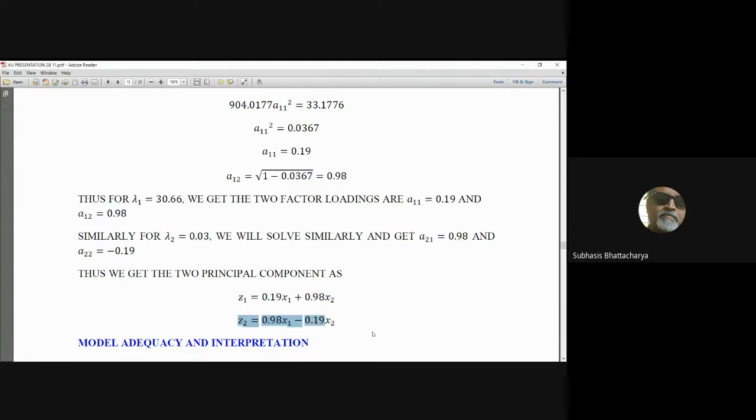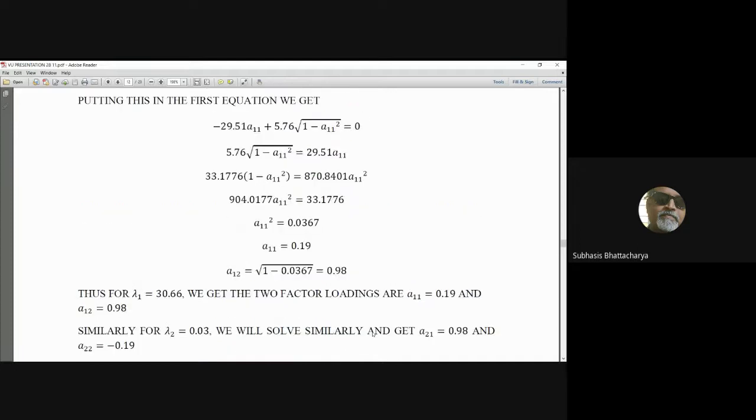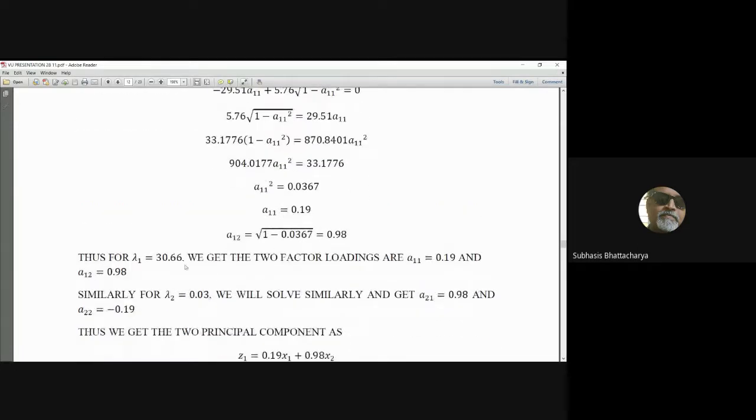Now look at the values of lambda. The first lambda value is 30.66, and the second is 0.03. So the total is 30.69. Find the percentage of 30.66 out of 30.69.